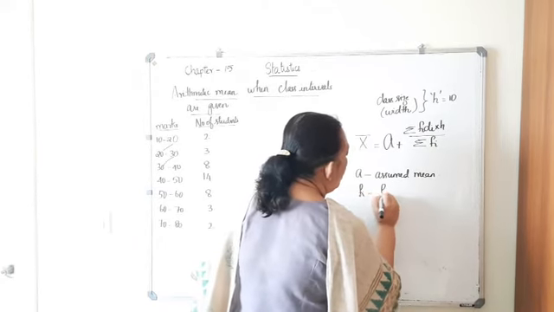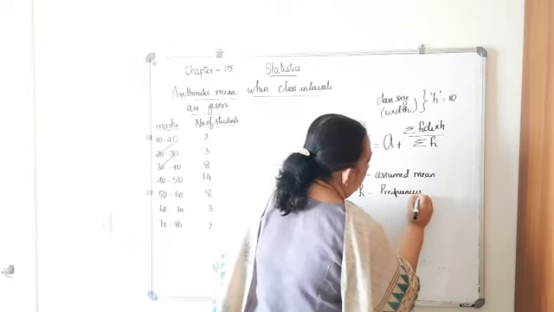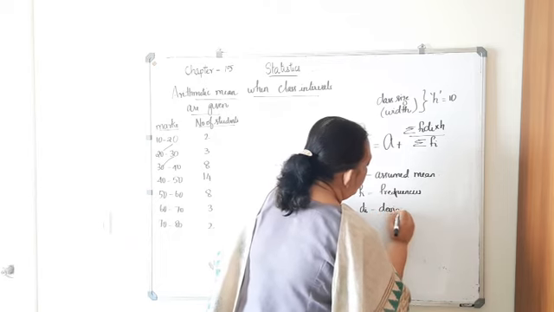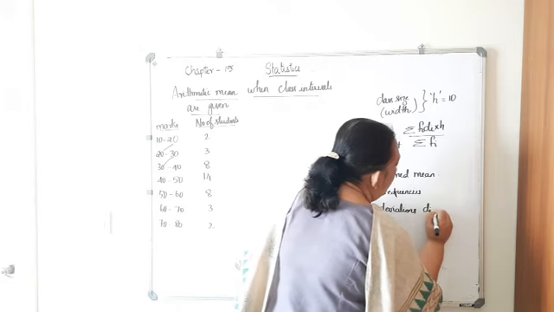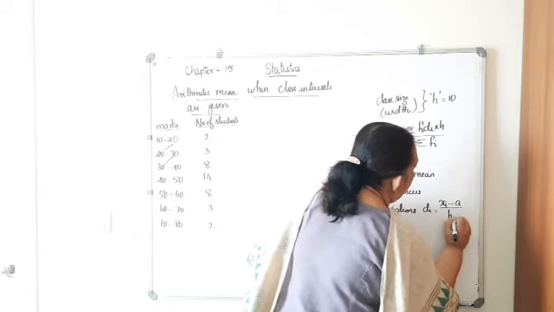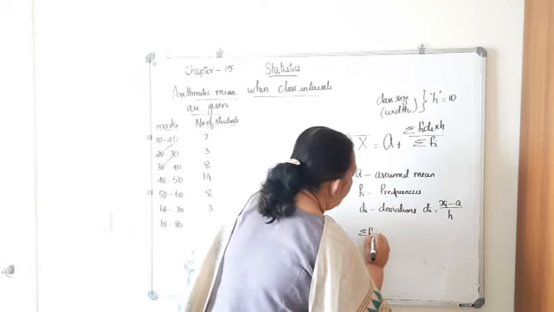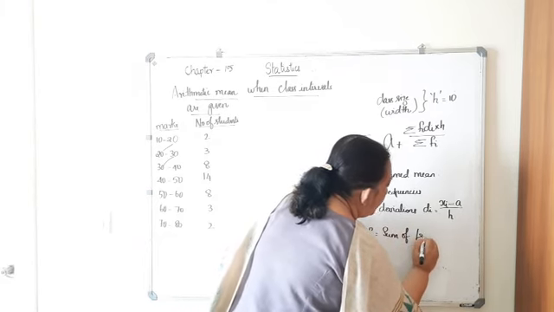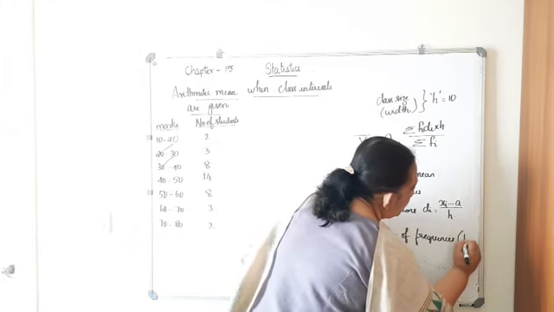Fi's are the frequencies. Di, the deviations, or di is equal to xi minus a divided by h, and sigma fi is equal to the sum of frequencies.